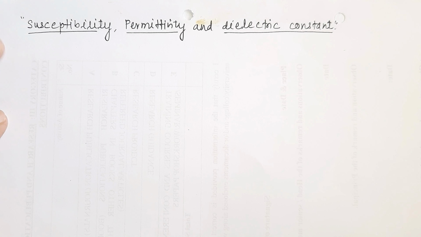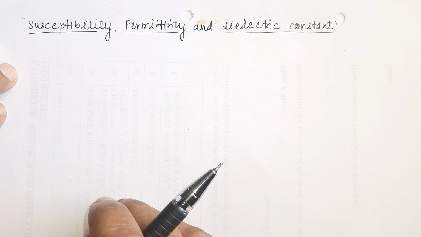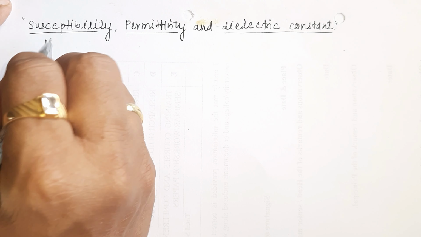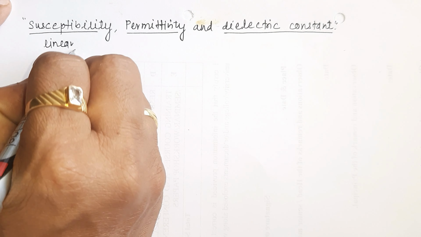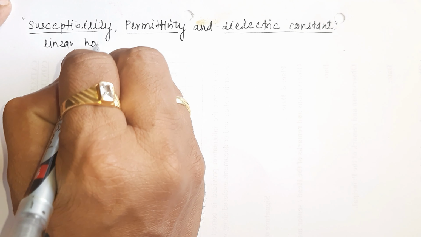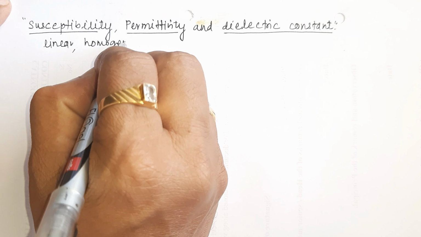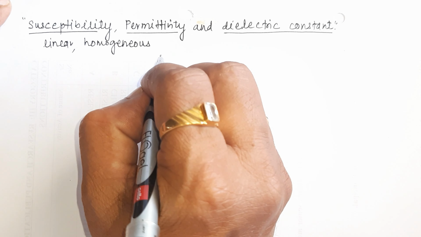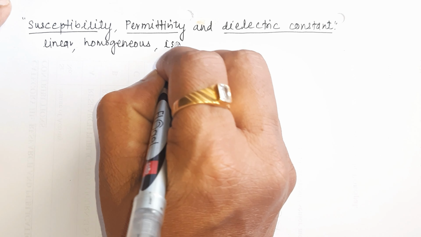We will see susceptibility, permittivity and the dielectric constant of a dielectric material. So here we consider a linear, homogeneous and isotropic dielectric.